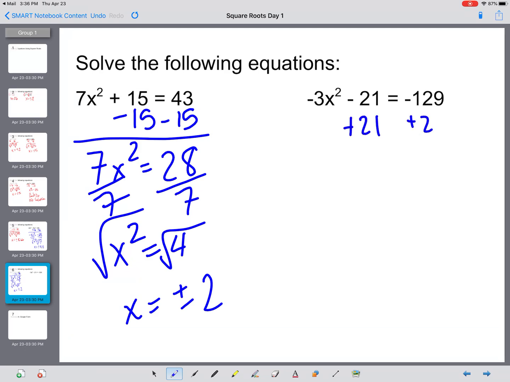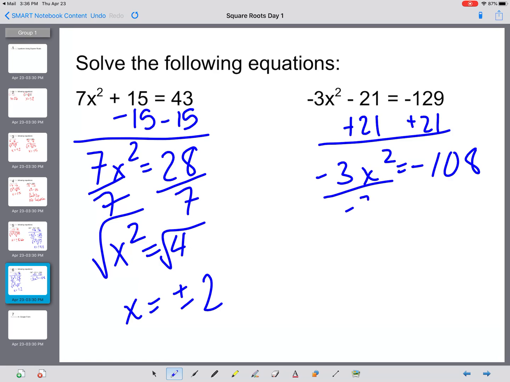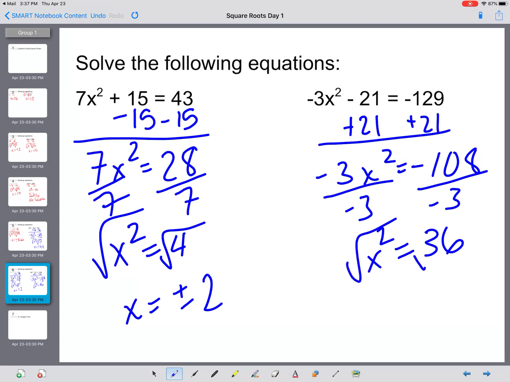Add 21. Gives me negative 108. Divide by negative 3. Gives me 36. Take the square root.